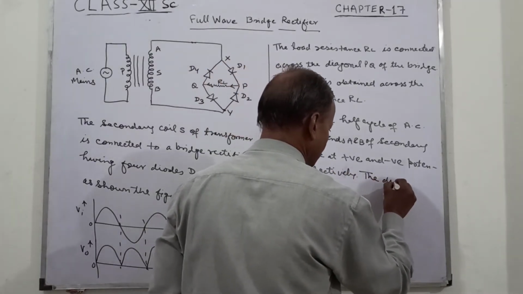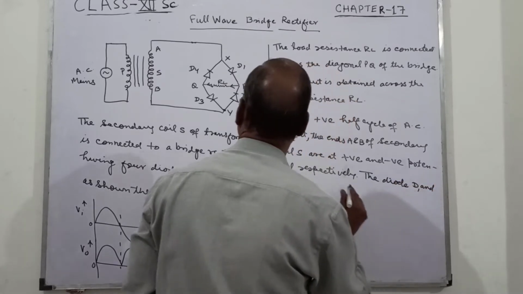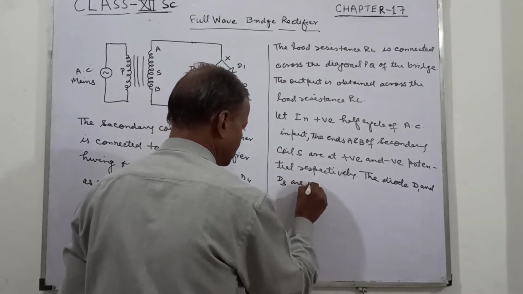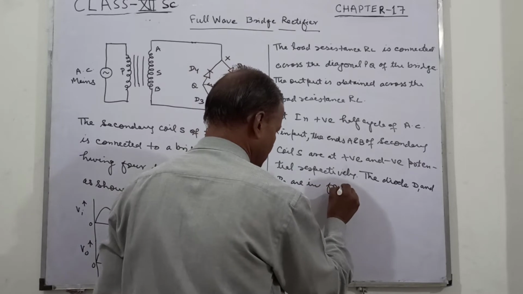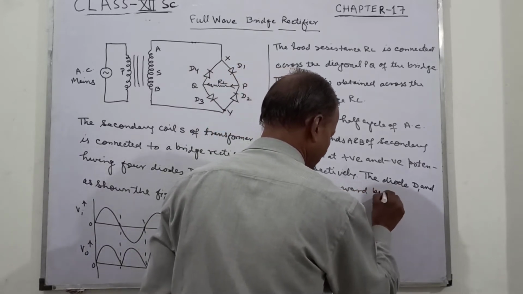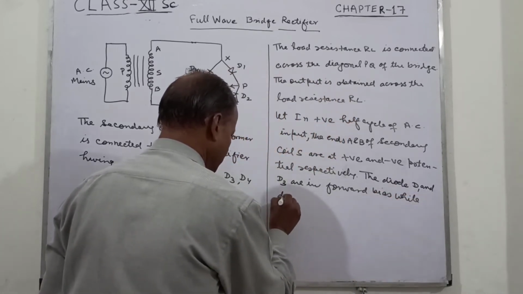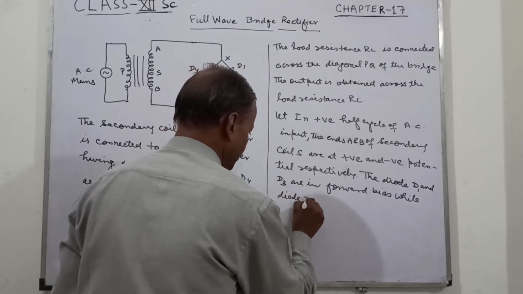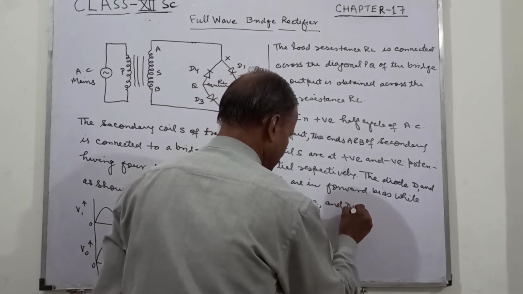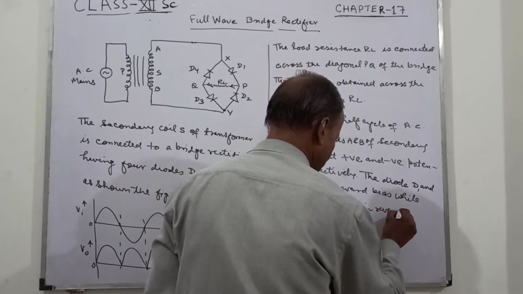The diodes D1 and D3 are in forward bias, while diodes D2 and D4 are in reverse bias.